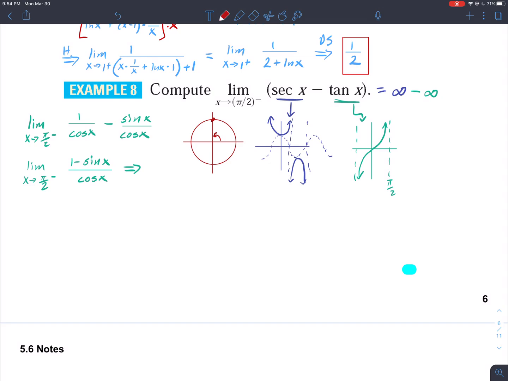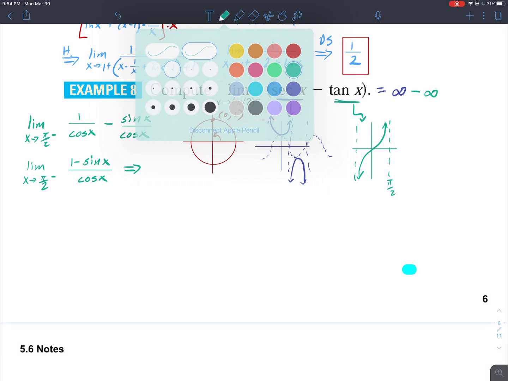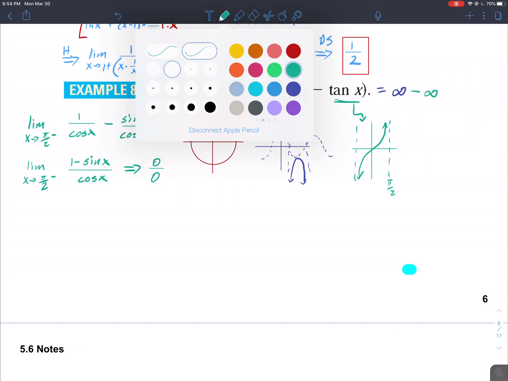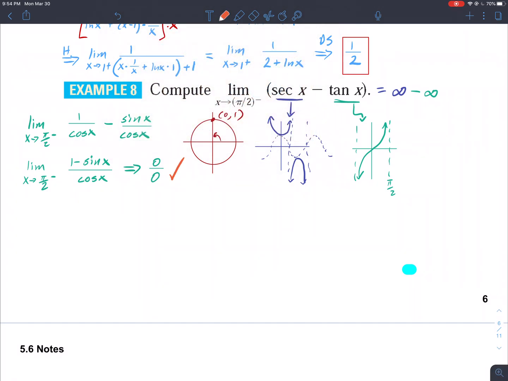And sine of pi over 2 is, of course, 1. And cosine of pi over 2 is, of course, 0. The coordinates up here are 0, 1. So for direct substitution, 1 minus 1 is 0 on the top and 0 on the bottom. And now we have it in a form where L'Hopital's rule can be applied. So we're going to use it.